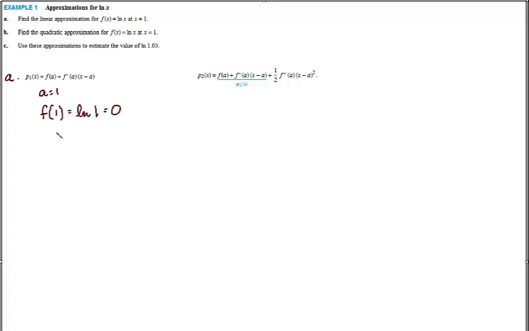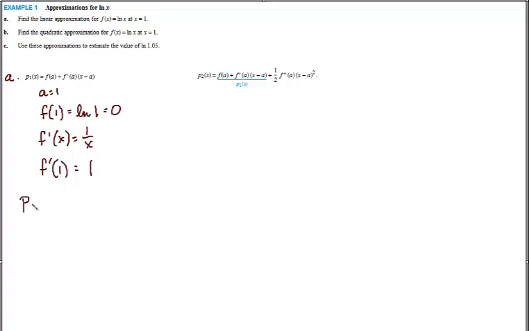I'm going to need to know f prime, so f prime of x equals the derivative of natural log of x, which is 1 over x. So f prime of 1 is then 1 over 1, which is 1. And I have all the information I need now to get this linear approximation.